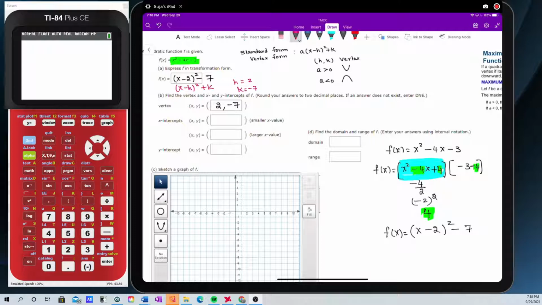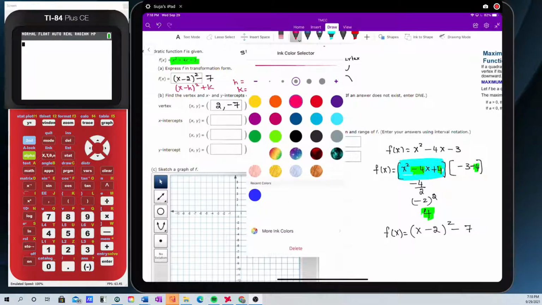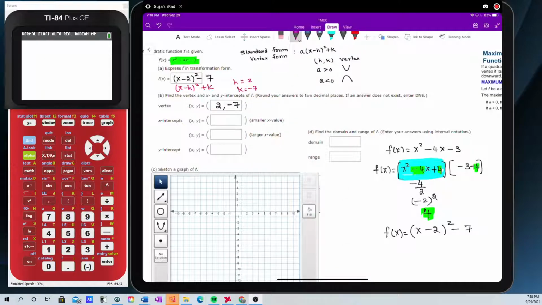The next step would be to find the x-intercepts. To find them algebraically, you plug in y equals 0, in this case f of x equals 0, and solve for x. I'm going to use the vertex form that I have.